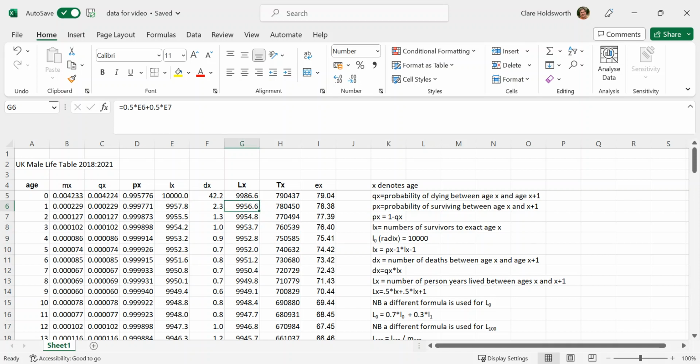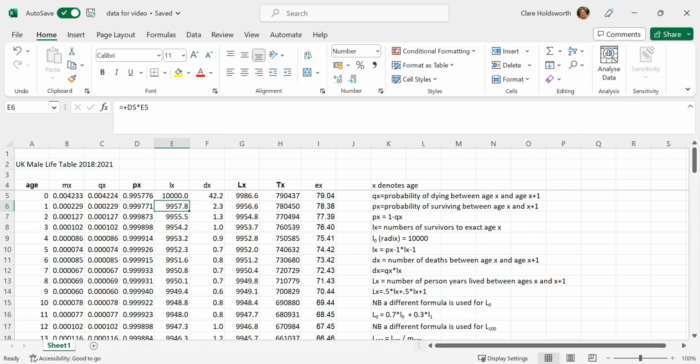The number of person years lived looks at the number of years lived for those people who survive that age and those people who die during that age. So we know that 9,955.5 people survive that age group.